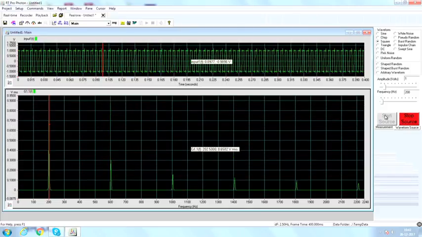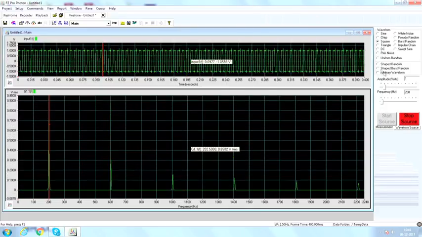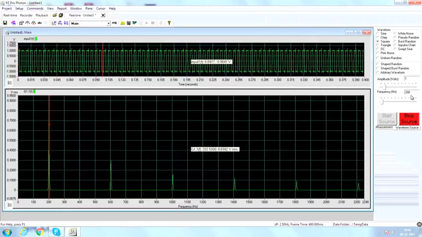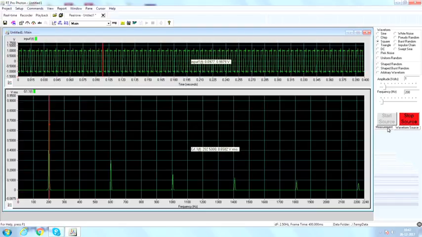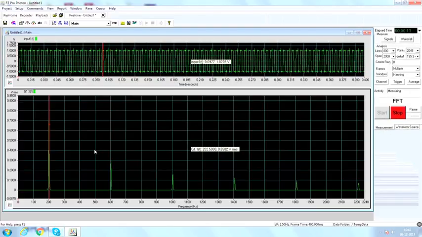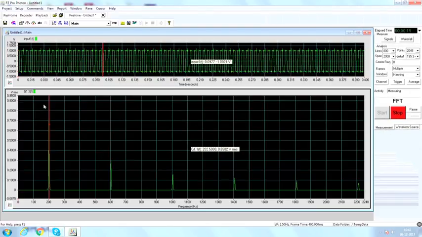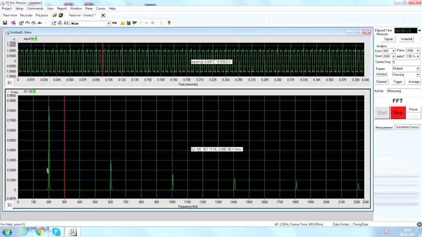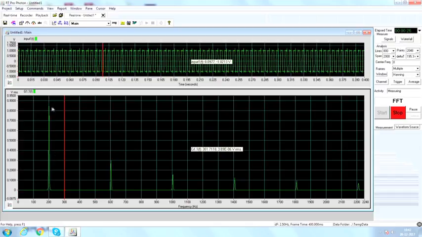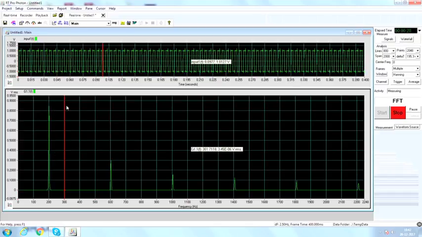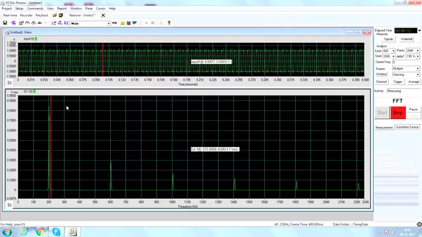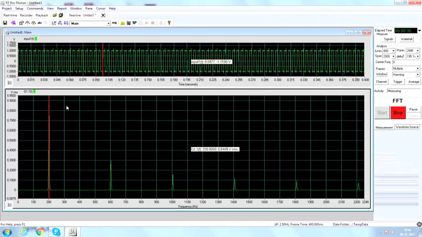I got a square wave here of 1 volt peak amplitude, and 200 hertz is the fundamental frequency. If I go to the measurement in the bottom screen here, you will see I have got a certain amplitude, and I can move the cursor here. At 200 hertz it is 0.849.